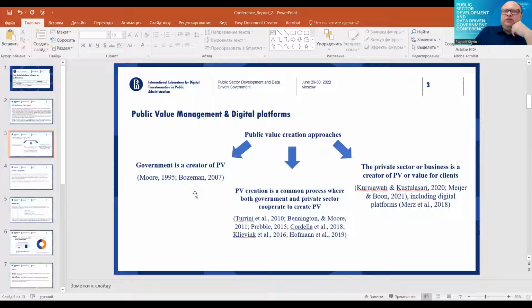This is not completely true right now in the digital era, when private companies can also create additional values for their customers, and their role is so huge that governments can also cooperate with private service providers, with private values providers, and achieve certain results.